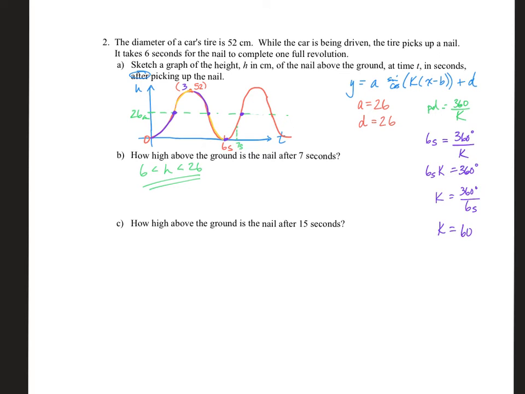But when I put my units in, I'll notice that that would be degrees per second. And so that k value is going to be a way that we can now substitute in and convert all of our units into degrees.